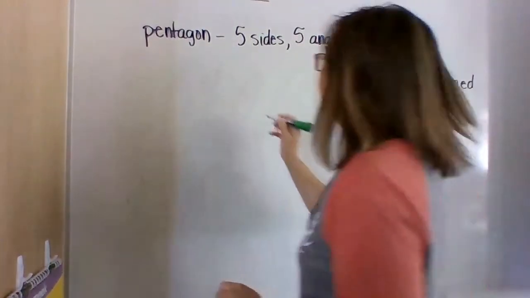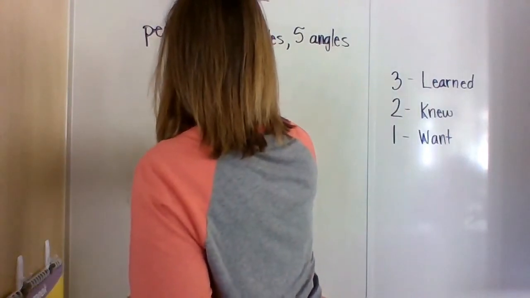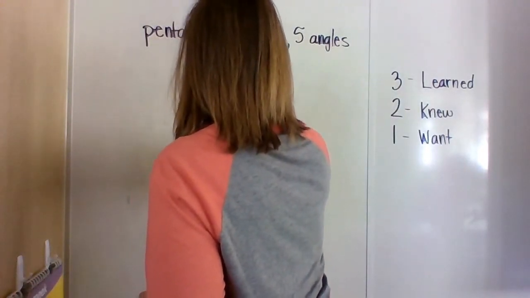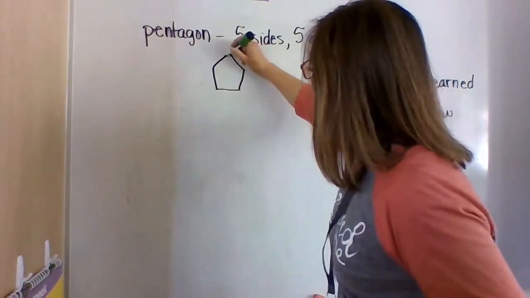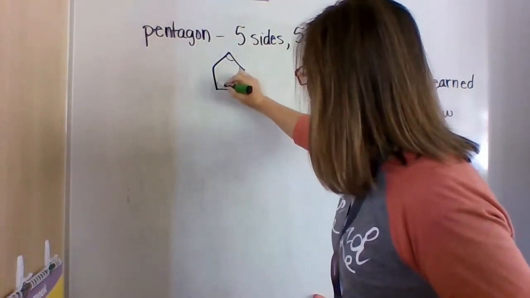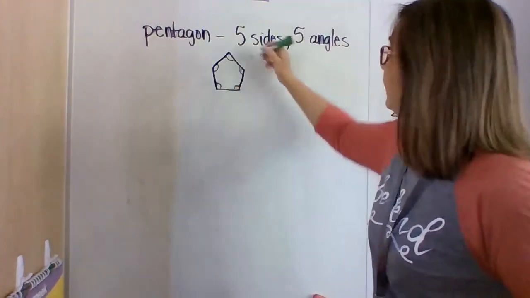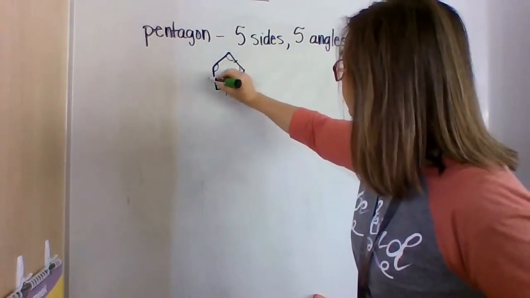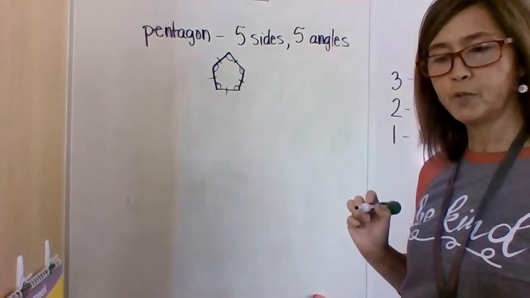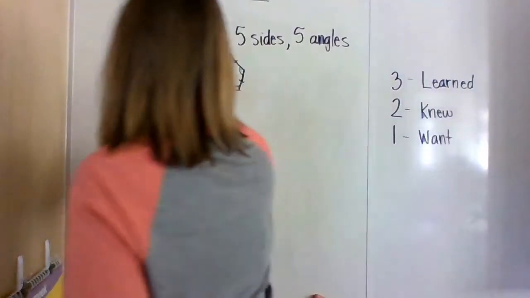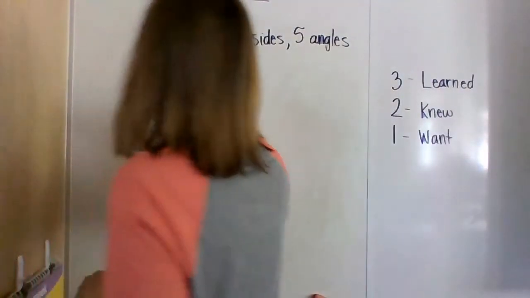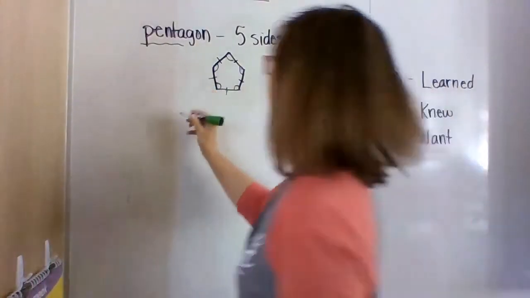Let's draw a quick model of it. Kind of looks like a house almost. Okay, so there's angle 1, angle 2, angle 3, angle 4, and angle 5. And side 1, side 2, side 3, side 4, side 5. Okay, then we have a hexagon. So penta means 5.